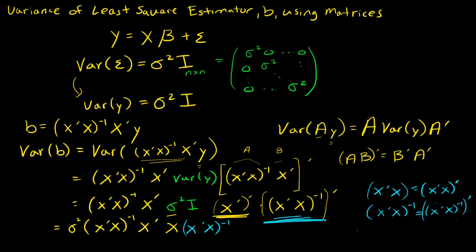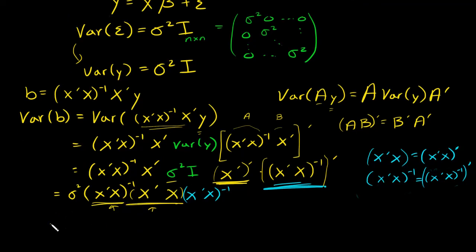Now let's look at what we have here. We have sigma squared times X transpose X inverse times X transpose X. You have the same thing multiplied by itself, once inverted and once not inverted. When you multiply that, you get an identity matrix, so they cancel with each other.